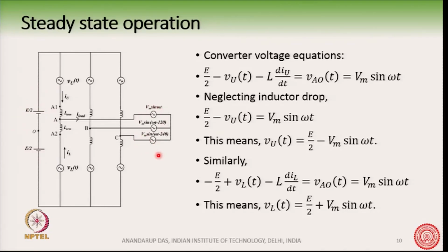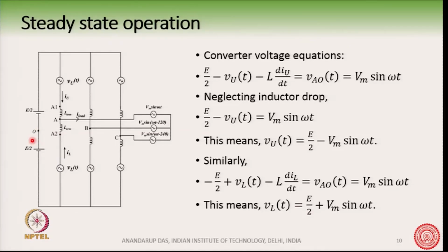So, this is a DC to AC converter, where the total DC bus magnitude is E and O point is the imaginary midpoint of the DC bus.